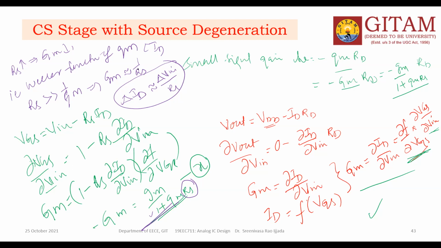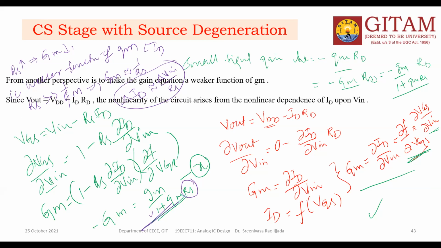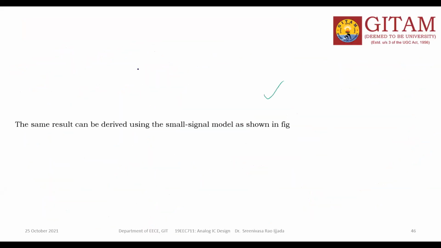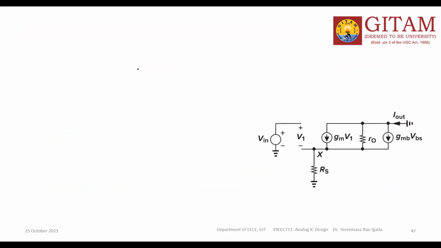Okay. So now, this is the small signal model, including the body bias as well as the channel length modulation.